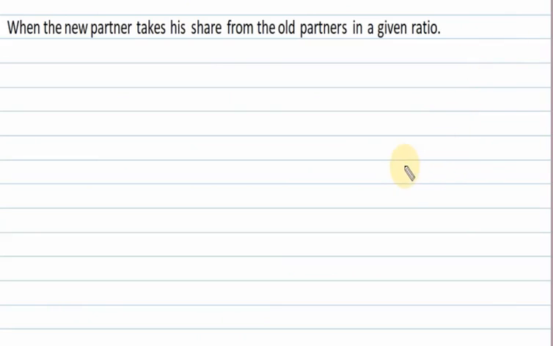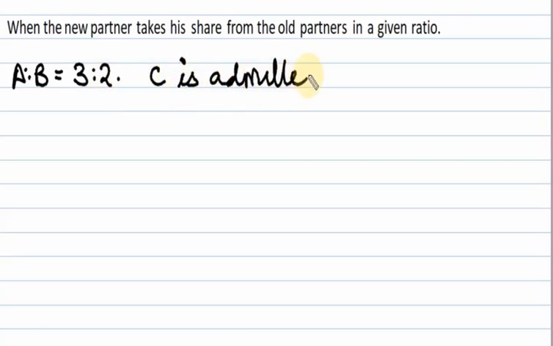Now in the second case, it can also be given that suppose A and B are sharing profit in the ratio 3:2. C is admitted for any share, say C is admitted for 1/6 share.